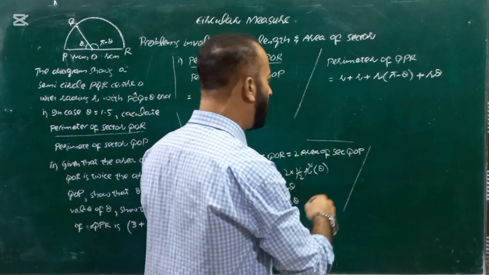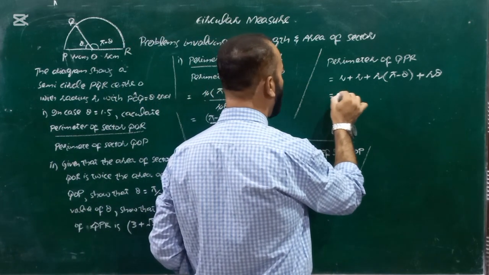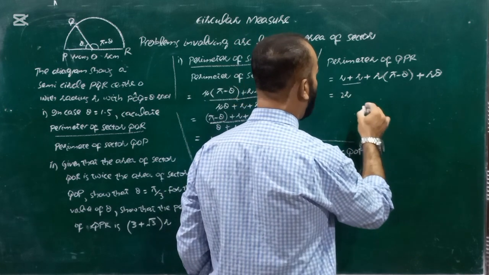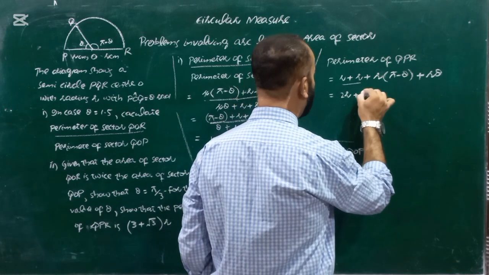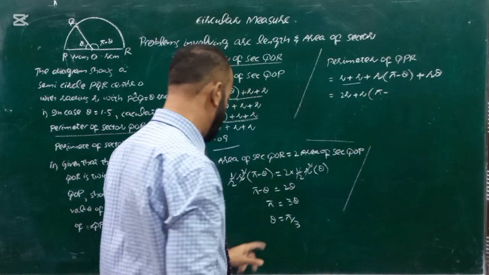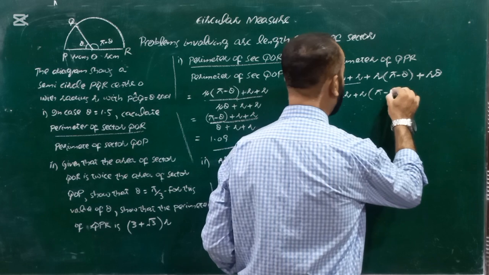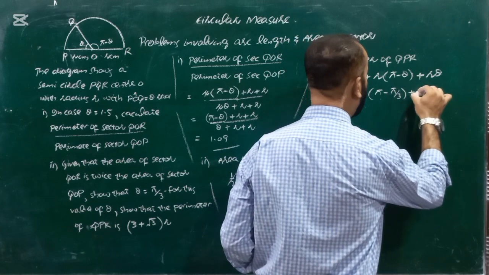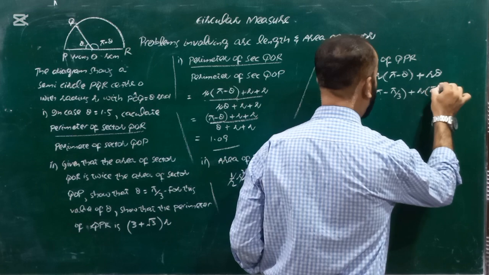So okay, moving further from here, so this is 2R plus R into pi minus theta, which is now pi by 3, and plus R into pi by 3.